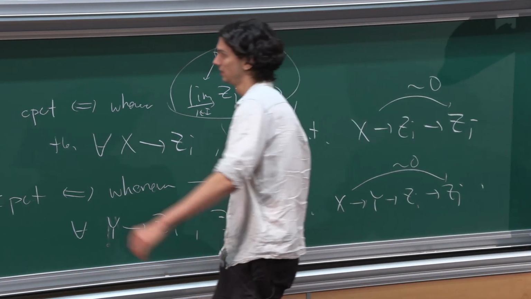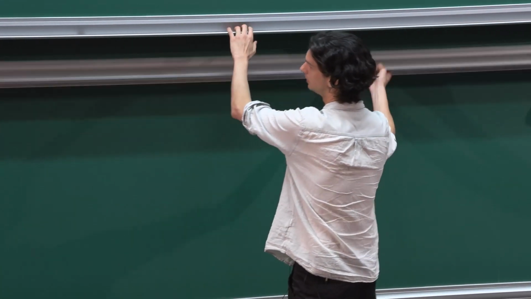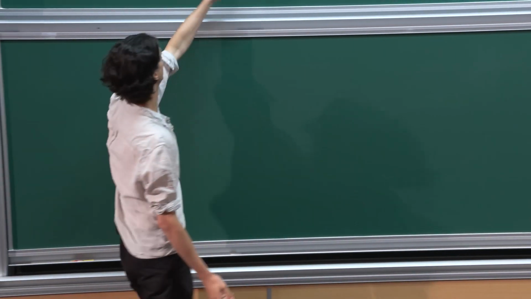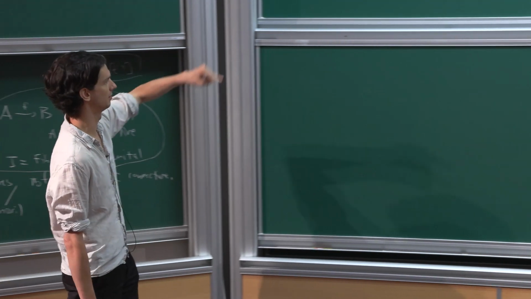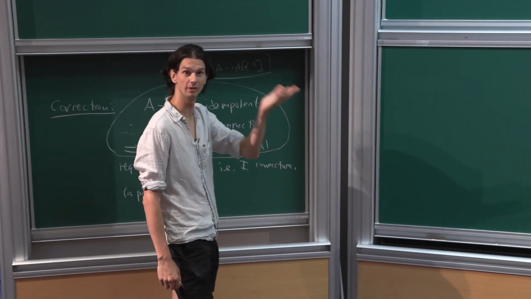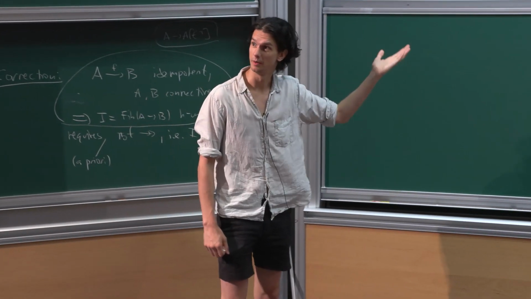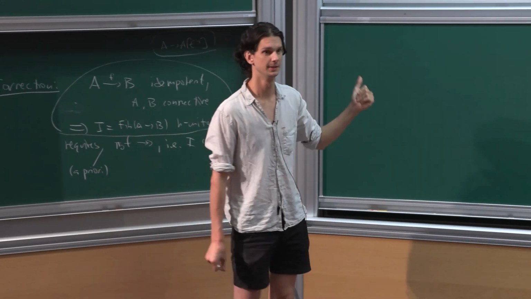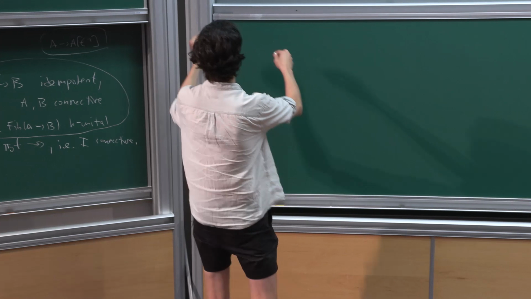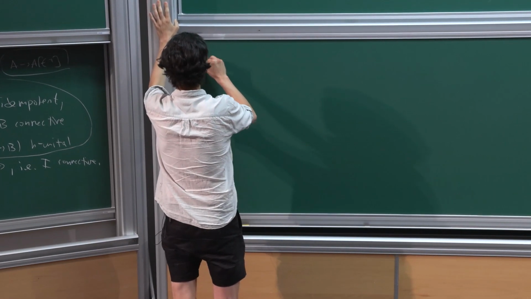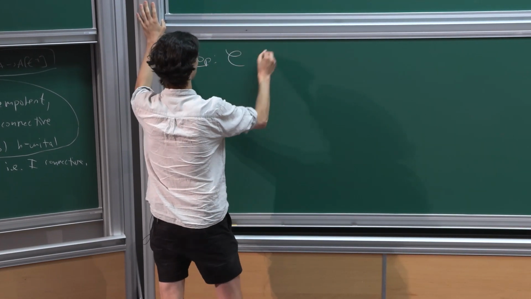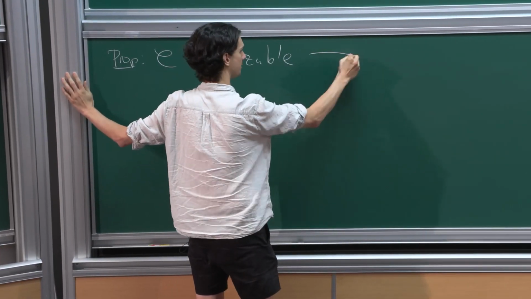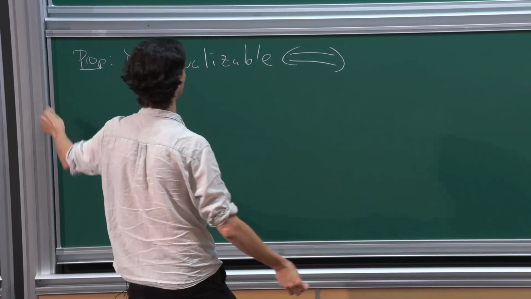And we saw that in the compactly generated case, this is equivalent to saying that f factors through a compact object. But in general, there can be lots of compact maps without there being lots of compact objects. And we had this proposition that said C is dualizable if and only if it has enough compact maps, but not necessarily enough compact objects.